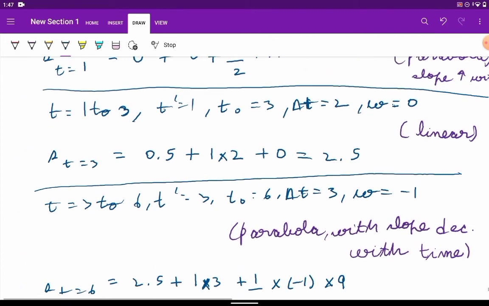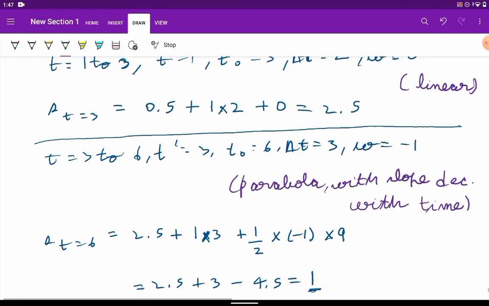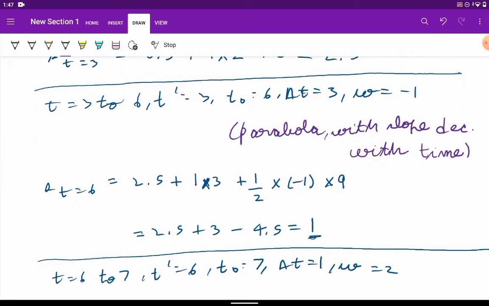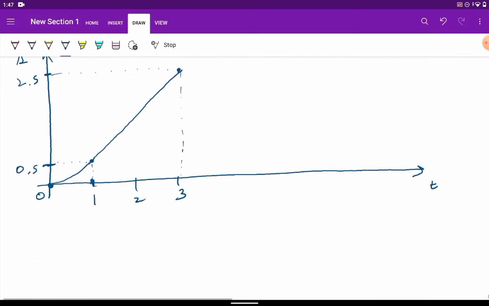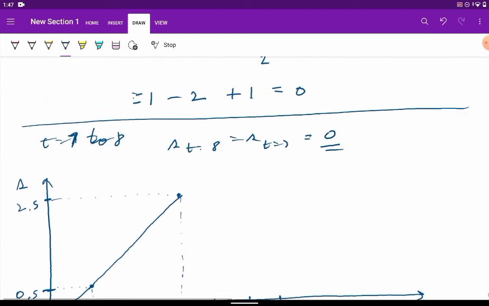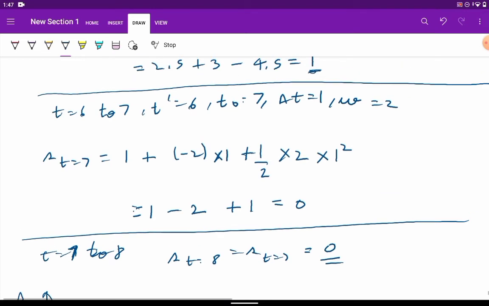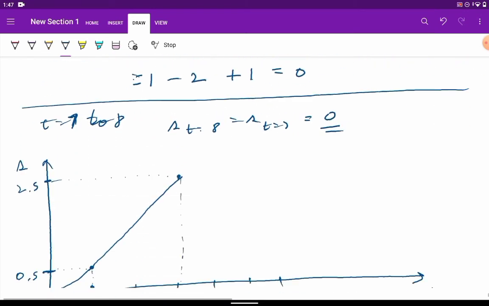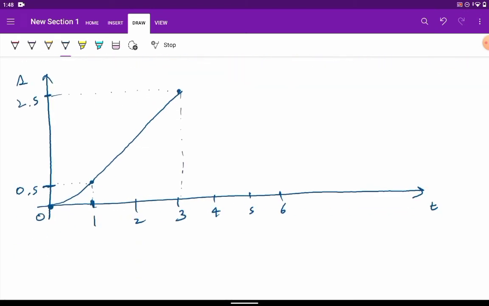Now what happens from 3 to 6? If we draw 4, 5, 6, at t equal to 6 the point is at 1. So it is somewhere around here, let's say.